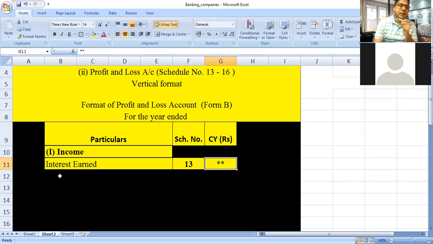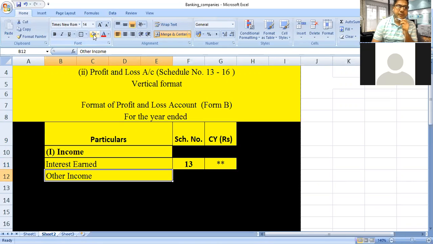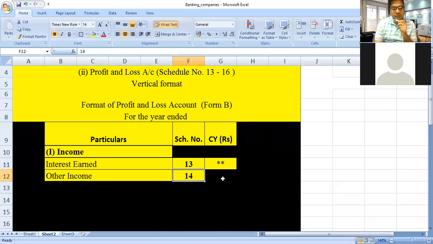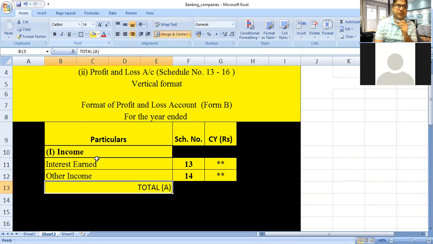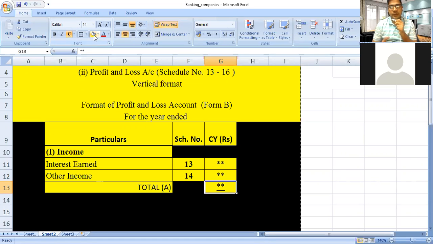Then under income, one more item is other income, and it is considered schedule 14. So there are two schedules under income: interest earned, schedule 13, and other income, schedule 14. Then we have to find the total of our income.